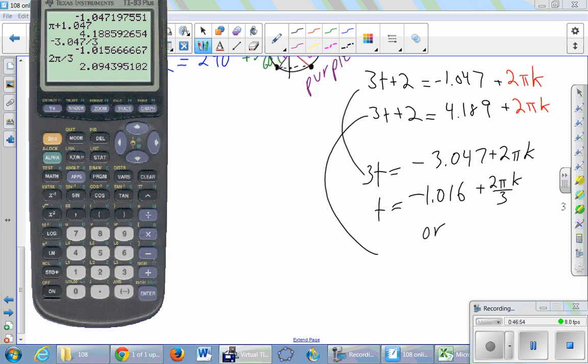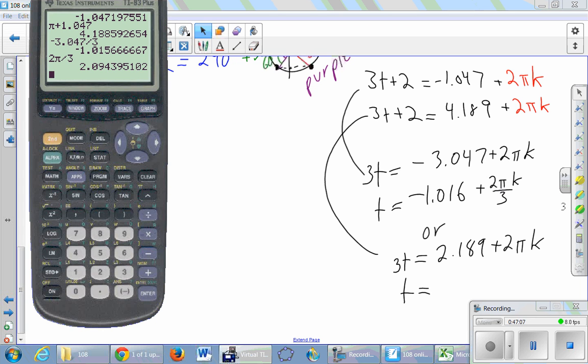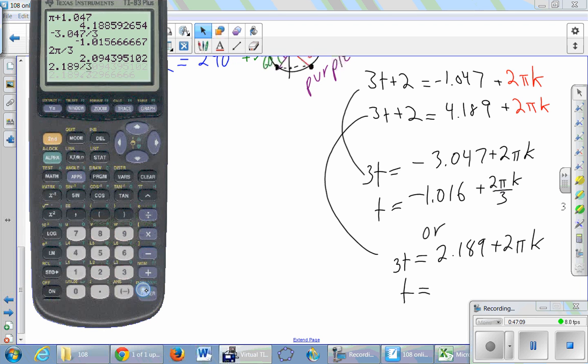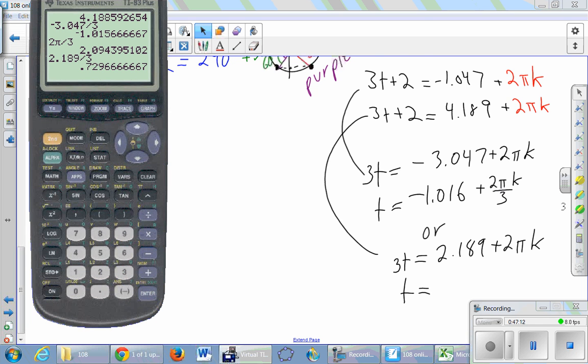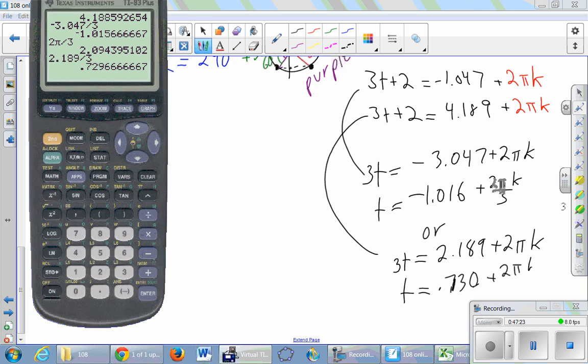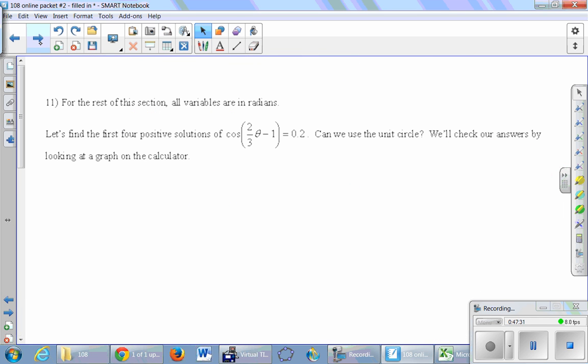So same idea as before. Subtract 2 from both sides. And then divide everything by 3. So that's about 0.73. And then plus the 2 pi k over 3.